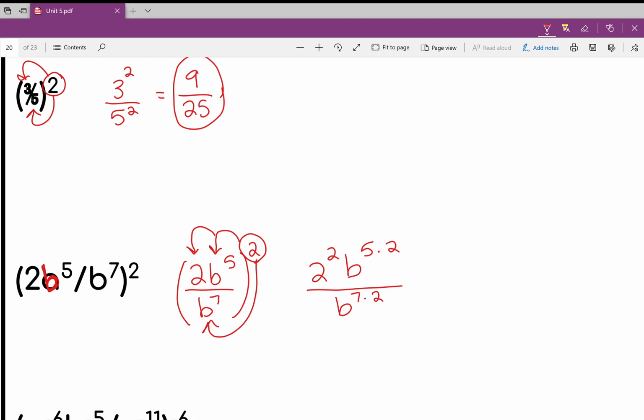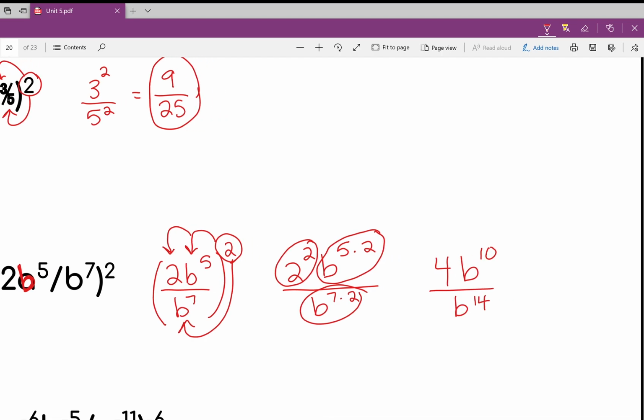Because remember, when we have a power to a power, we multiply the exponents. Okay, now let's simplify. 2 to the 2nd power is 4. B to the 5 times 2 is B to the 10. B to the 7 times 2 is B to the 14.